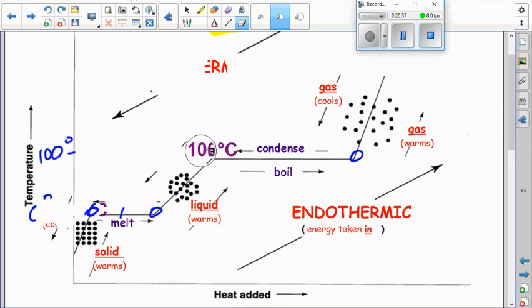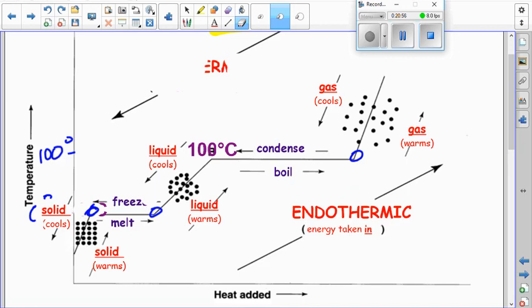At that point, again, that's 100 degrees. Then the liquid starts to cool, and you drop from 100 down to 0, at which point it begins to freeze. Once it's all frozen, we're back to solid getting even cooler.